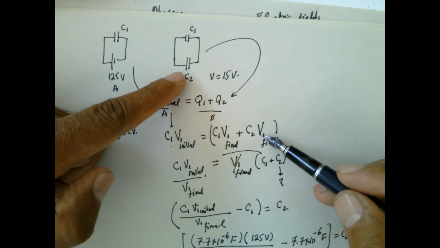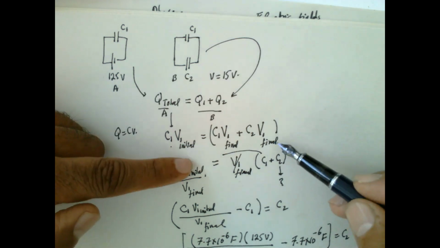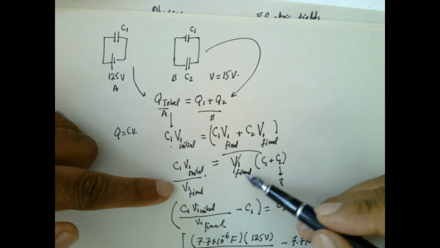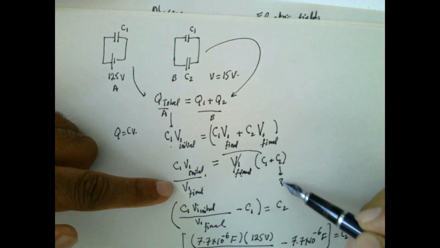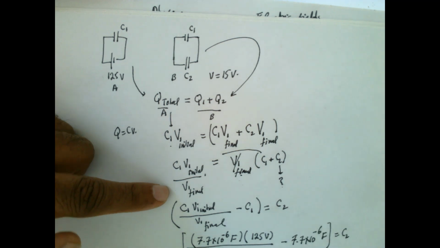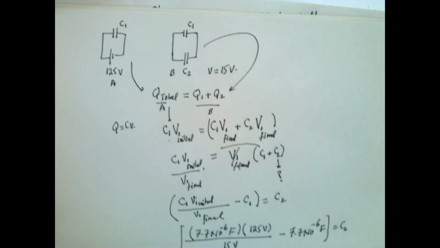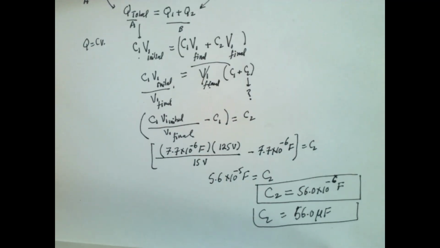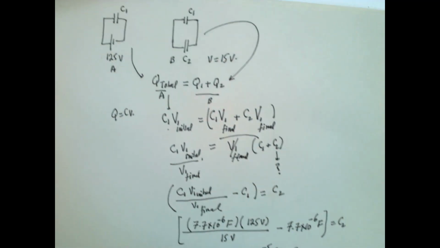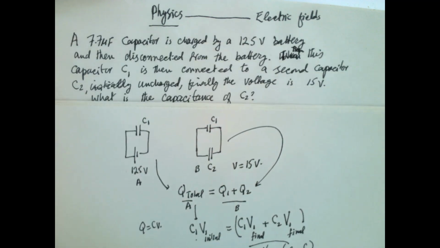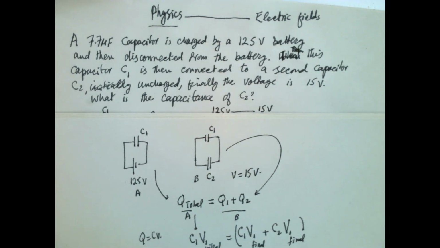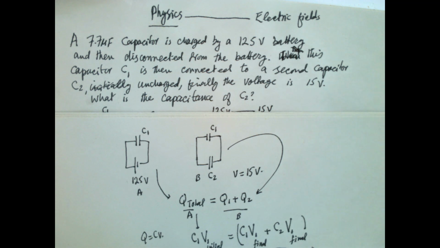C2 and V, the voltage, is the same. So the final voltage is common, and from this one we can find C2 with a simple calculation, and then you will be able to calculate the capacitance of the second capacitor. So this is the question.